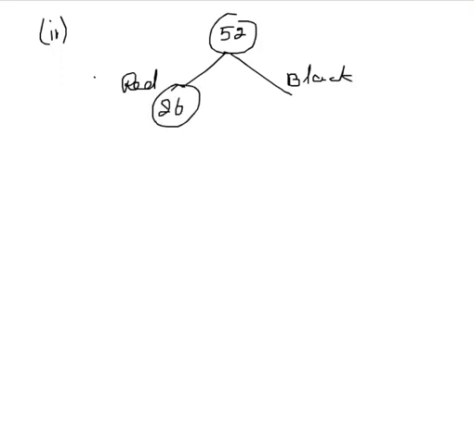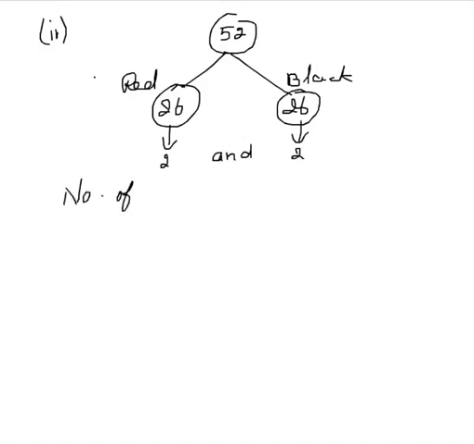Fourth subdivision. 2 red cards and 2 black cards. So in a pack of 52, we have red cards 26, black cards 26. And we need 2 red cards and 2 black cards.